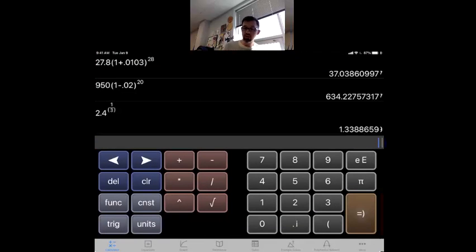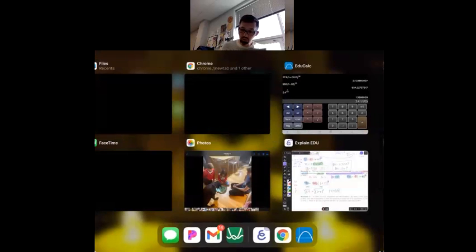We talked about rational exponents and what they do. It's been a little while, but that's how they work. If you need to take a 12th root, it'd be 2.4 to the 1 divided by 12. Raise it to that power with the base of the root you want to take, 1 over whatever. 1/5 would be a 5th root. Okay? So I got 1.339.